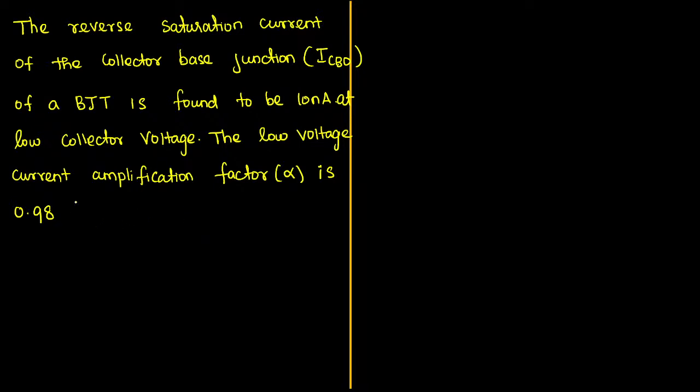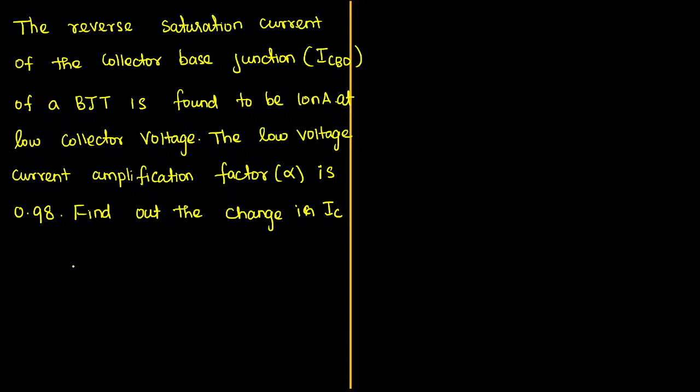I told you this beta is always very large. Now the question is find out the change in collector current. Find out the change in collector current, IC. I am writing it directly.